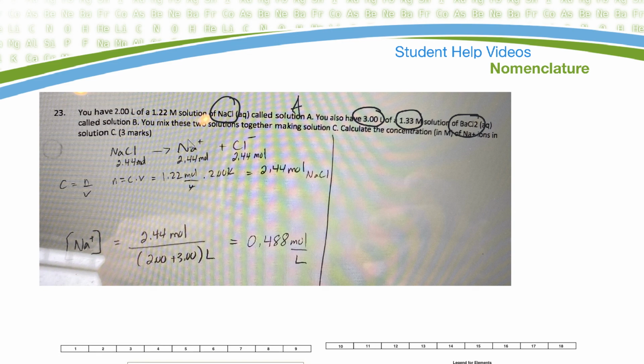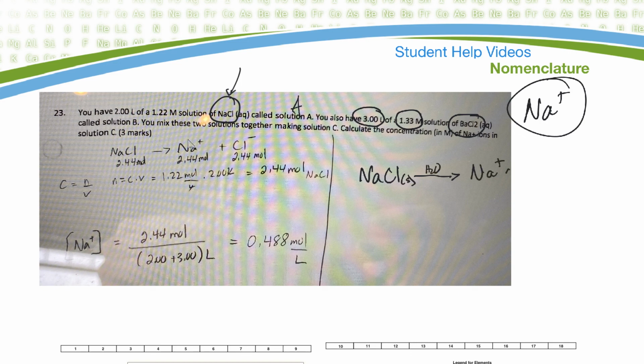Okay, so sodium, that's the one I'm looking for. The first one I have is sodium chloride. Sodium chloride, I know that it dissociates, if this is a solid, in water to produce sodium ions and chloride ions.